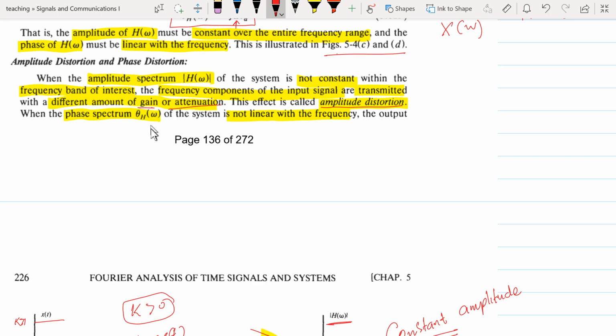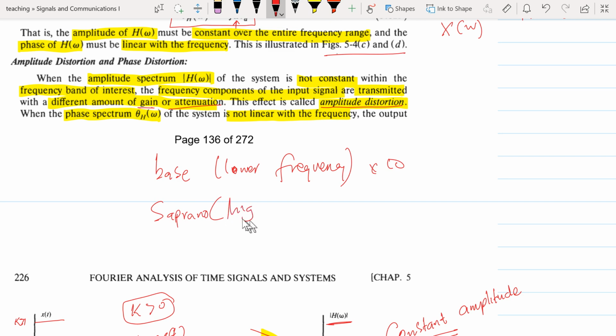And I have given you the example of a bass having a lower frequency with probably a gain of 10, whereas the soprano, which has high frequency, might receive a lower gain of, say, about 2, and therefore what you might notice is that this signal is much more audible than this signal, not clearly audible.